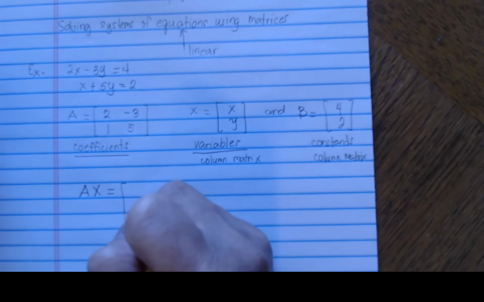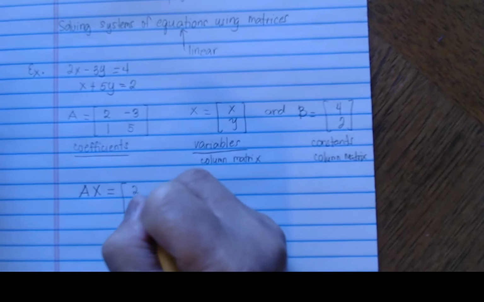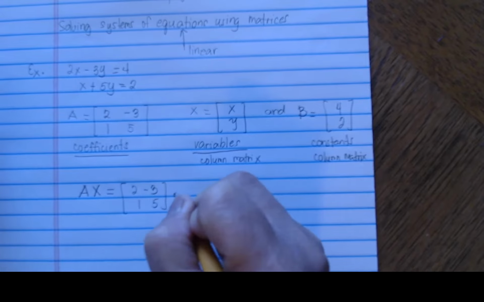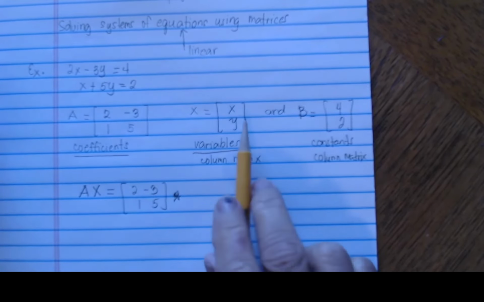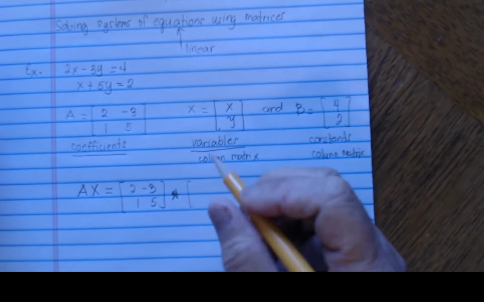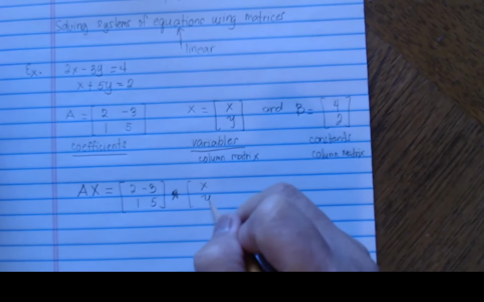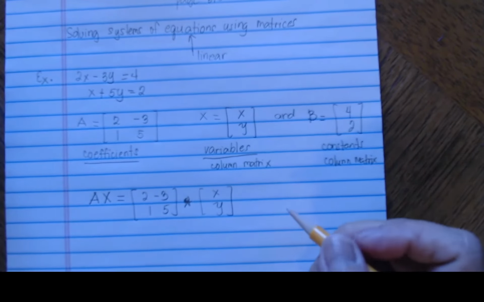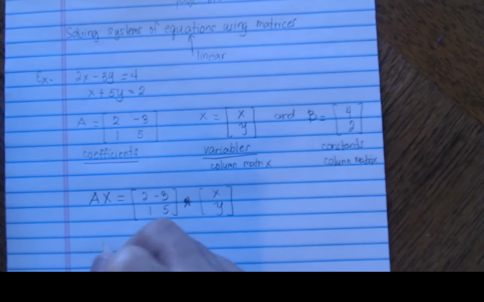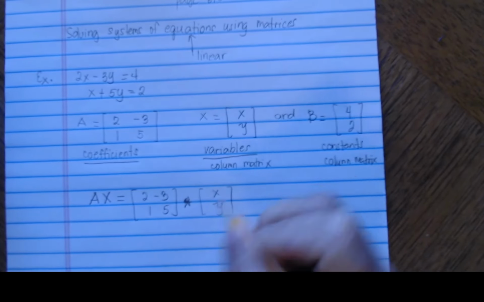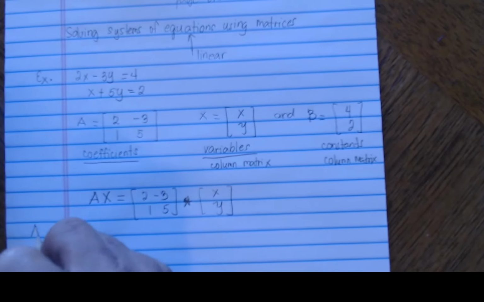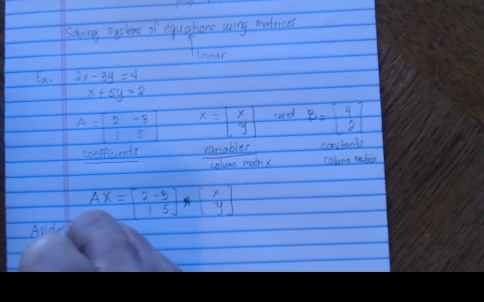So matrix A, we have 2, negative 3, 1, 5, multiplied by matrix X, which is X, Y. Remember we have to check if you're allowed.